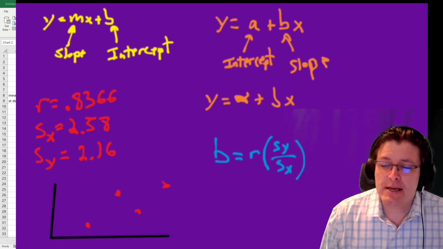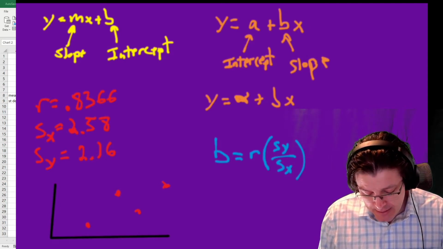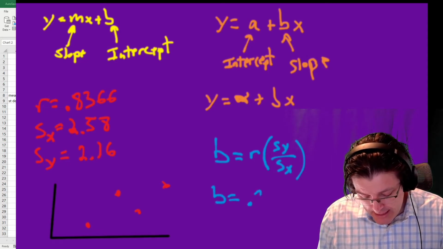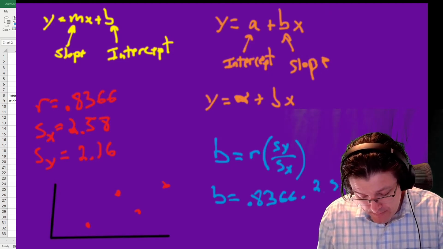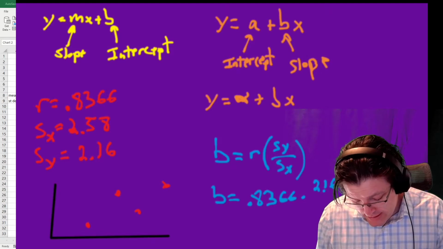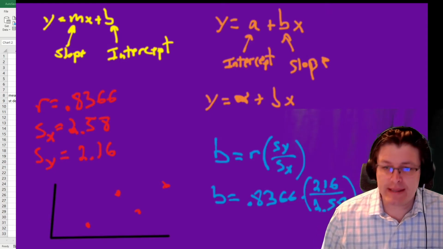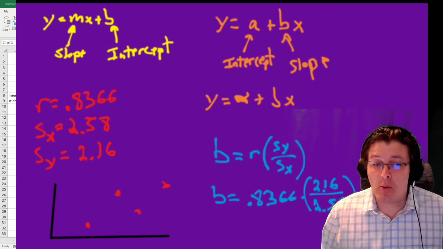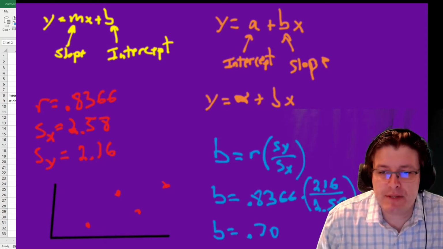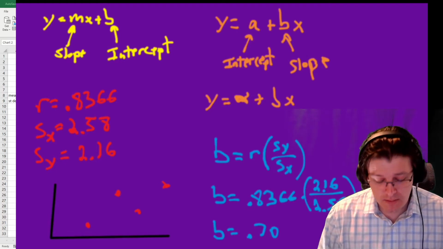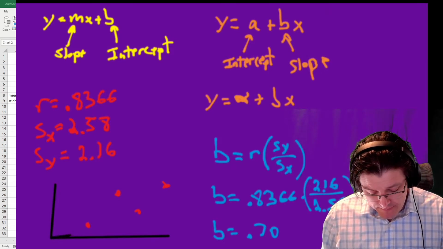So slope has units attached, and so that's what we're doing here with B. And so this is as simple as saying B is equal to 0.8366 times 2.16 over 2.58. Okay, and that's going to spit out the slope of our best fit line. So B, you can double check my math, but I believe we get 0.70. Okay, and so that is the slope of this best fit line.